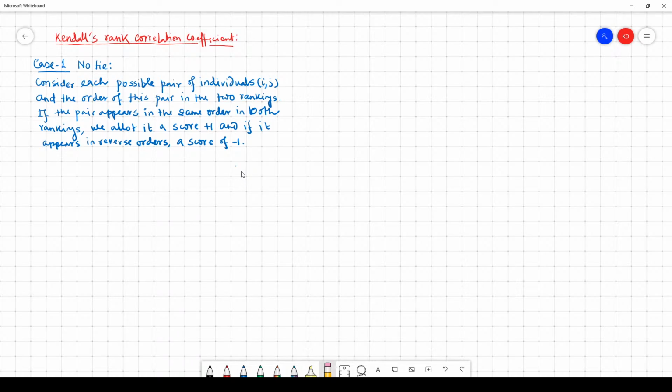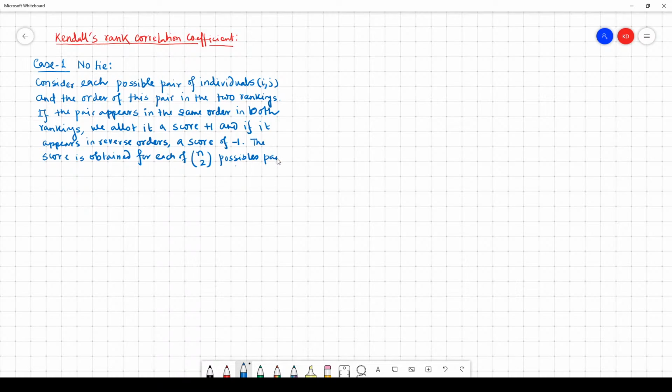And the score is thus obtained for each of the NC2 possible pairs, because we use n subjects or n individuals, so there are NC2 possible pairs.